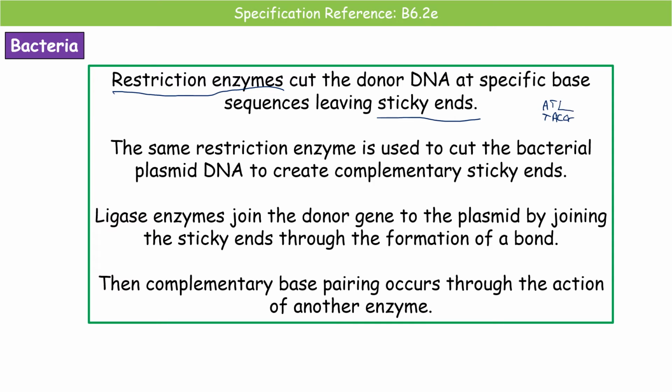So you can see this little bit here, we've taken those bases off so that when we've used that same restriction enzyme to cut the plasmid, they're going to be complementary, because on our plasmid we're going to have these ones here. We'll have a G and a C, and then the rest of the molecule, just put in some random bases, and that means they're going to be complementary bases to each other. So that's how they then join through the DNA ligase. So ligase joins, restriction enzymes cut.